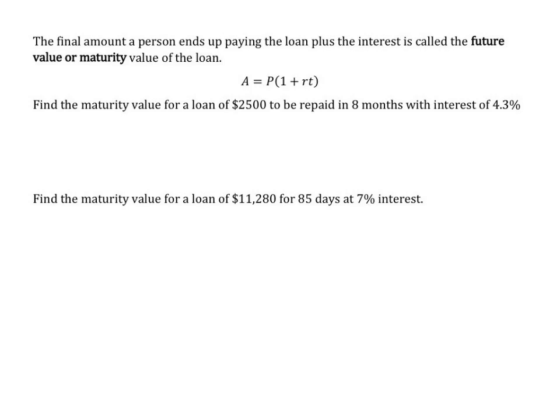So let's find the maturity value for a loan that costs $2,500 to be repaid in 8 months with an interest of 4.3%. So the principal that we're putting in is $2,500. The rate in a decimal is 0.043.